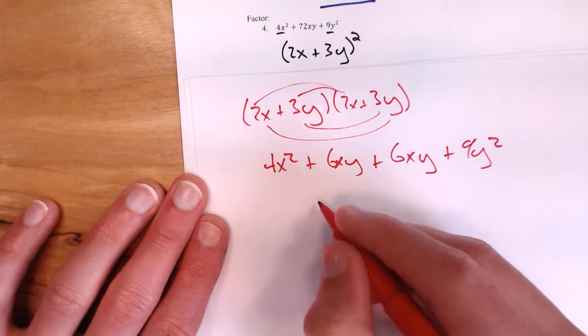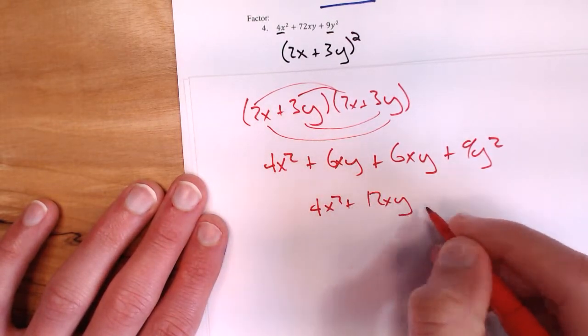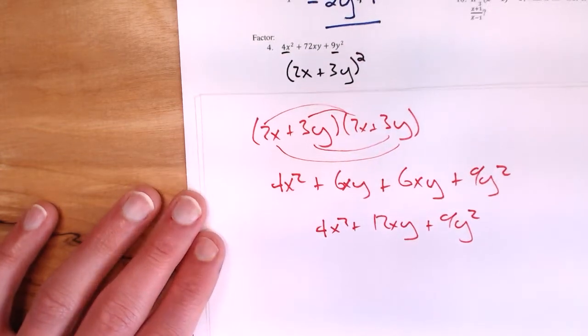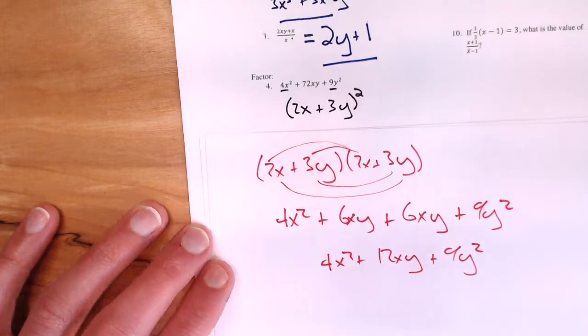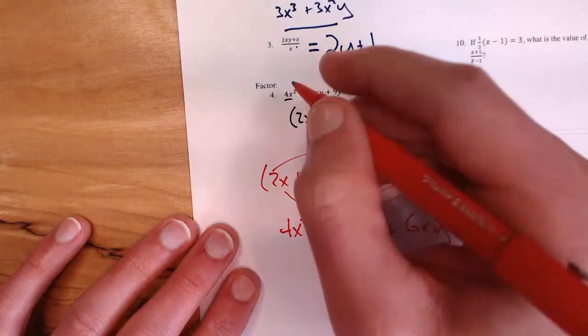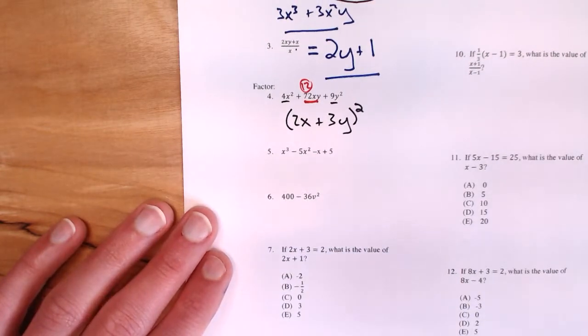So this is 4x squared plus 12xy plus 9y squared. Okay, shoot, that does not match. Where did that 72 come from? Let's see. 4, 9. I think I made an error on the sheet. I'm going to try to fix this. If I don't get a chance, then this should be a 12.